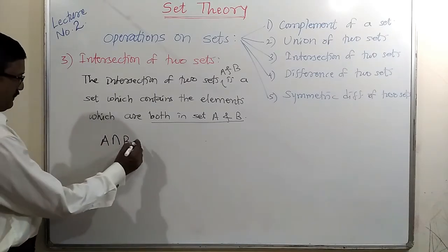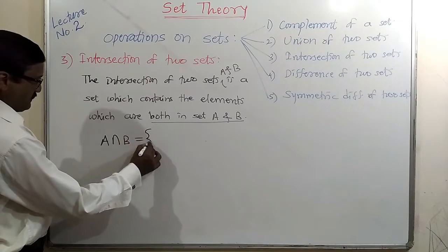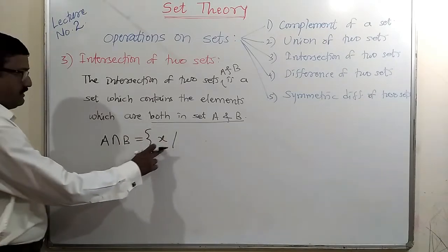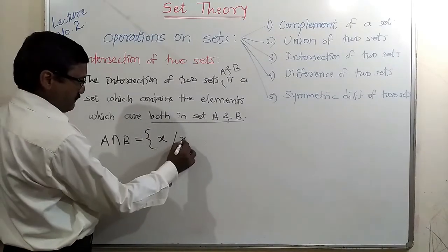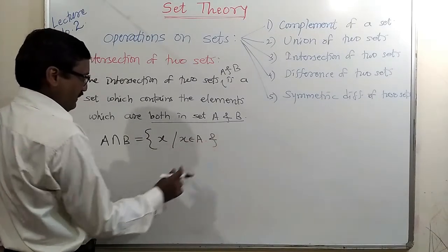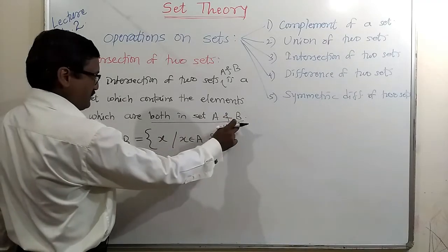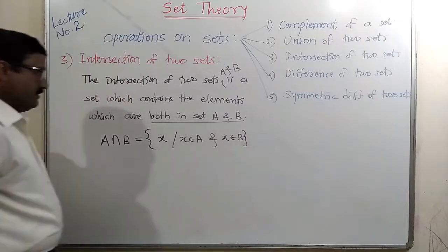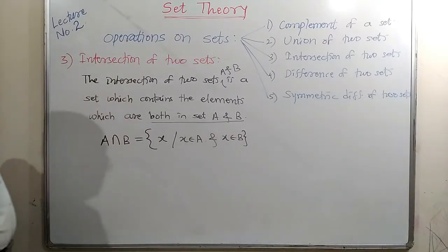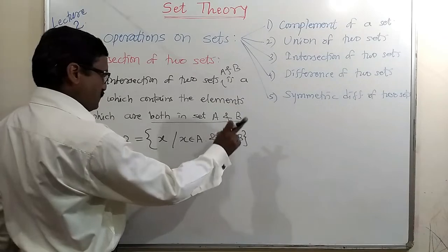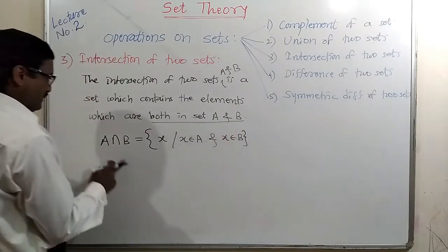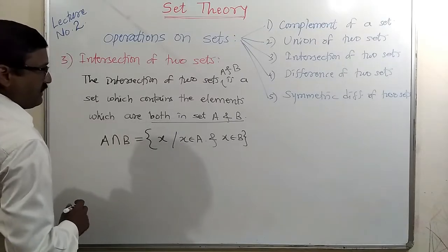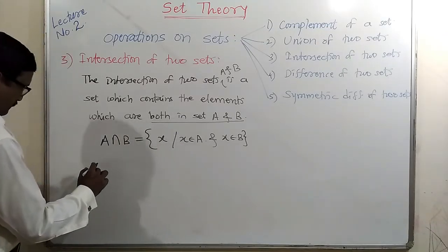So A intersection B is a set containing elements X such that X is in set A, means X belongs to A, and X is in set B, means X belongs to B. So whenever certain element is present in set A and also in set B, then it is present in its intersection. So A intersection B is equal to this. Let us see the Venn diagram for this.